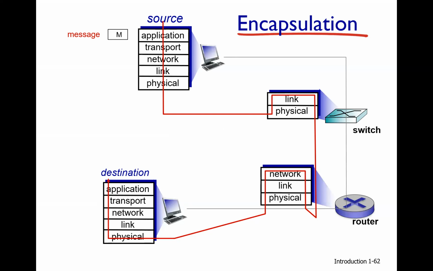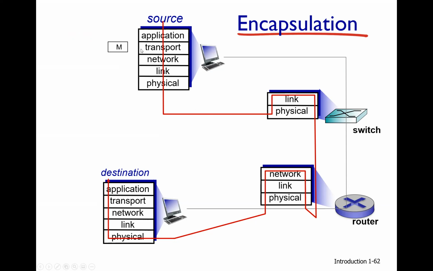When a packet is exchanged at the application layer, we refer to it as a message. So this can be some data you want to send from the source to the destination. And as we pass this message down the network stack, recall that this message is needed for the same application running on both the source and destination.